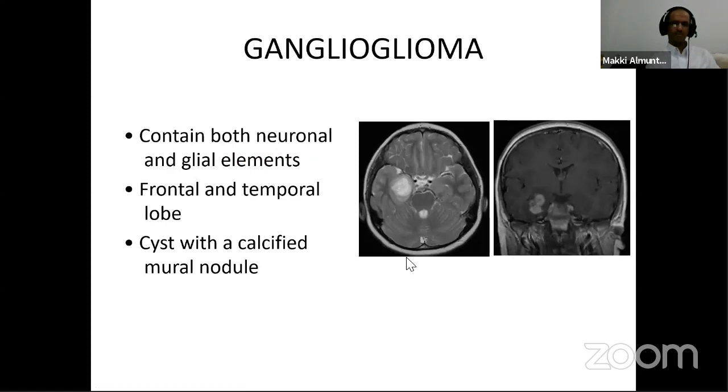Another example of a glial tumor, low-grade tumor, which is ganglioglioma, based in the cortex mainly. It shows solid nodular enhancement. A typical location is frontal and temporal lobe, and it might have calcification or cyst or mural nodule, like this one.